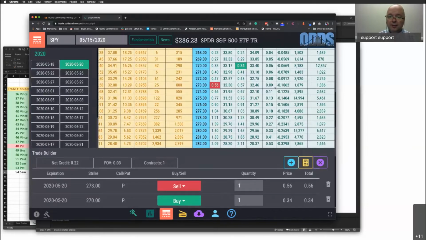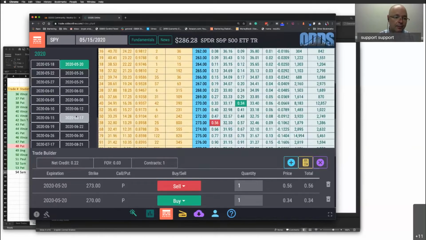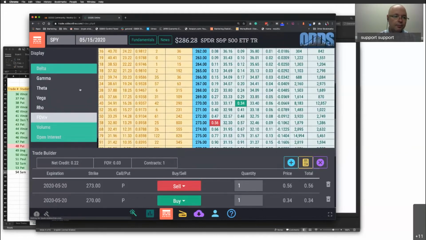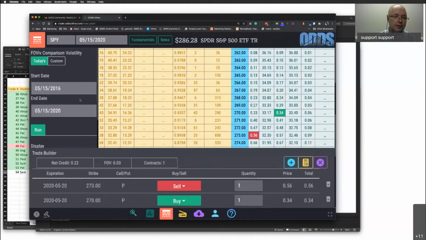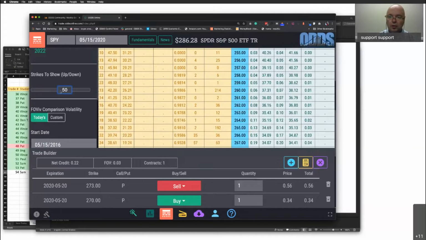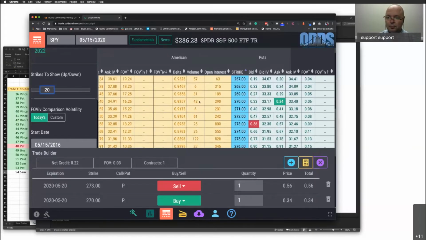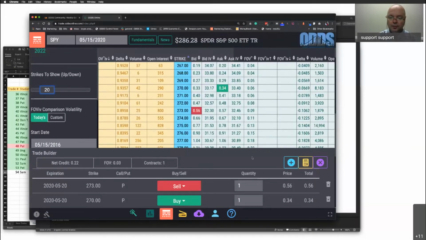When I click on FOViv up, first I got to click on FOViv, get rid of some of these. I can see the column headers. Wait a second for the system to catch up to me.